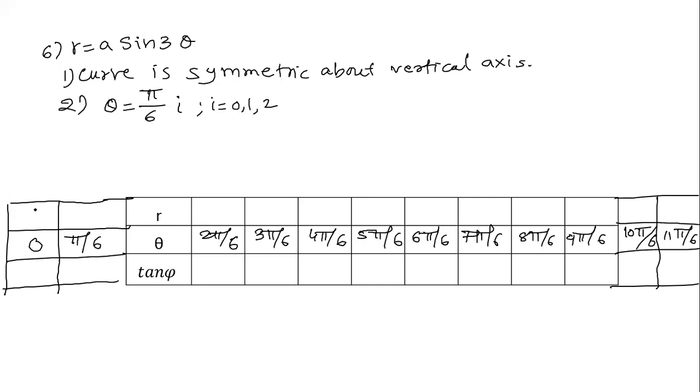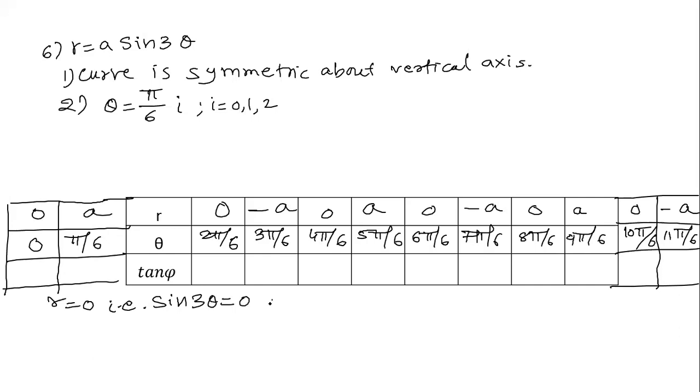You can understand sine 0 is 0. Then theta equal to pi by 6, r will be equal to a times sine of pi by 2, that will be a. Then 0, minus a, so you have to just copy 0, a, 0, minus a, 0, a, 0, minus a. After that, what is to be taken care of? r equal to 0, that is sine 3 theta equal to 0. We know that 3 theta must be 0, pi, 2 pi, 3 pi, 4 pi, 5 pi, and like that.